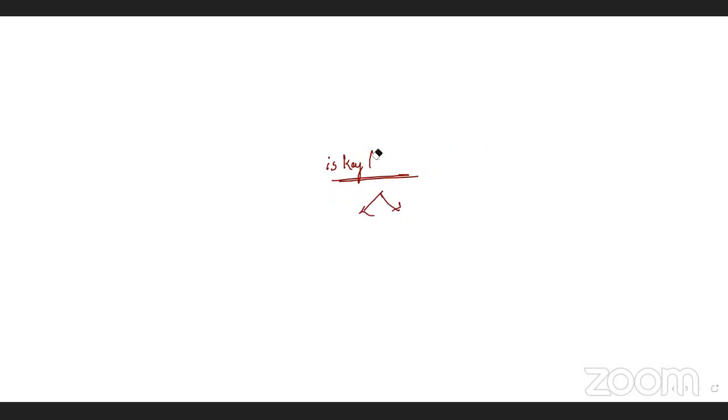So first, what do we write? We write the name of the key, and then the dictionary variable. This is going to return true if a key with that name exists, and false if it does not exist.